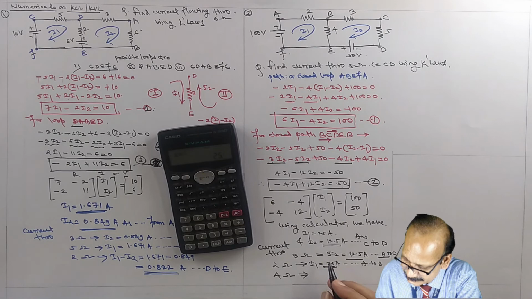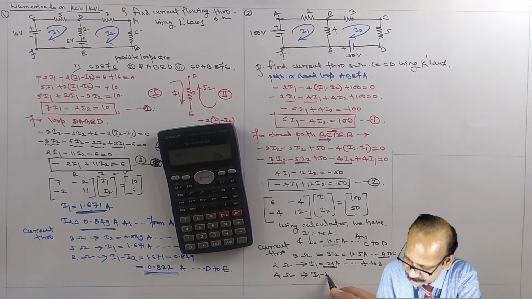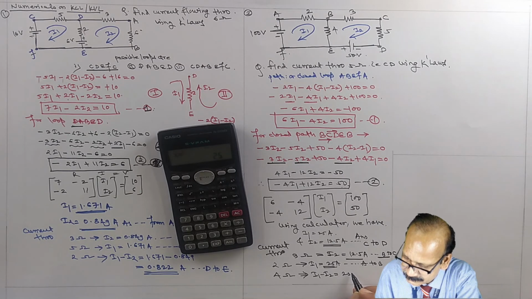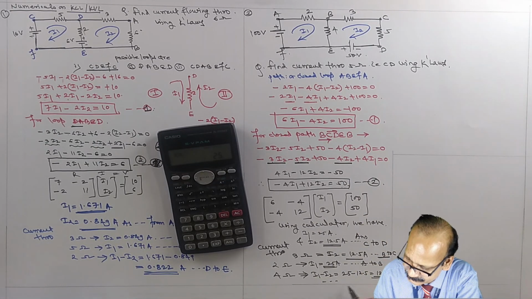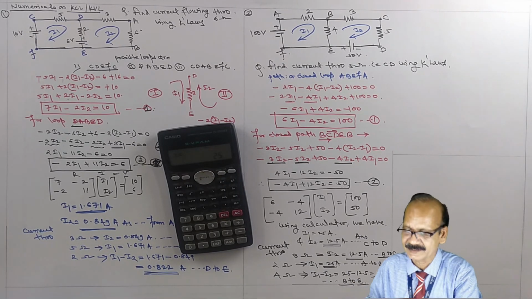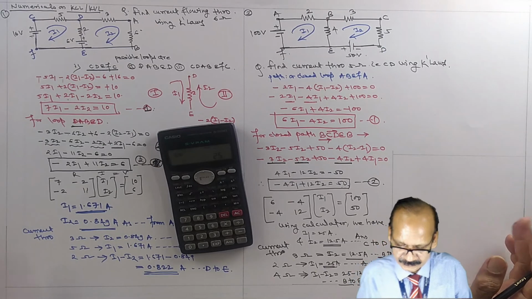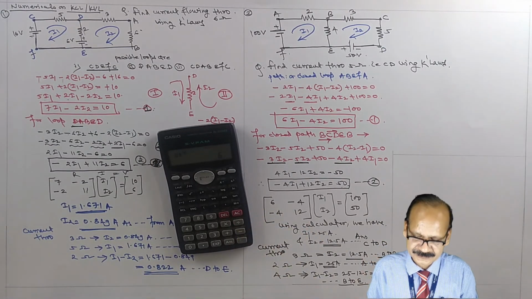Greater minus lesser, means I1 minus I2. So it is 25 minus 12.5 equal to 12.5 ampere. And it is positive, the positive sign is for I1, so that is from B to E. In this way we have learned the application of Kirchhoff's laws.